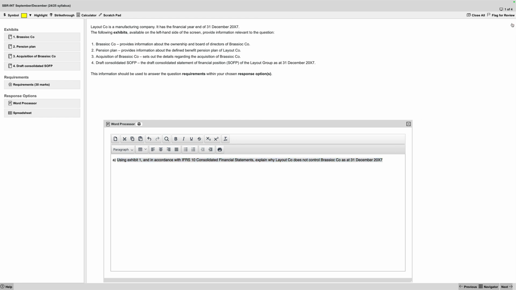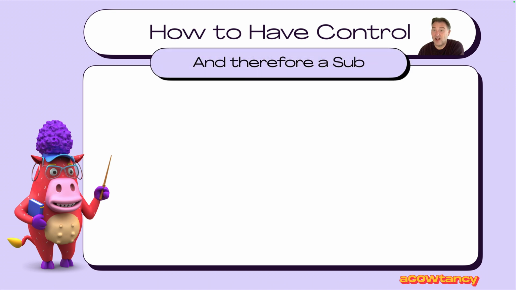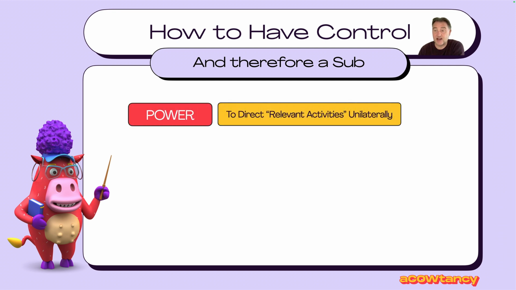So let's get on with some knowledge work. First of all, state our knowledge. The knowledge is all about how to have control and therefore a subsidiary, or in this case, how not to have control apparently. But what we need is those three things, if you remember: power to direct the relevant activities. The relevant activities are those which produce the returns.